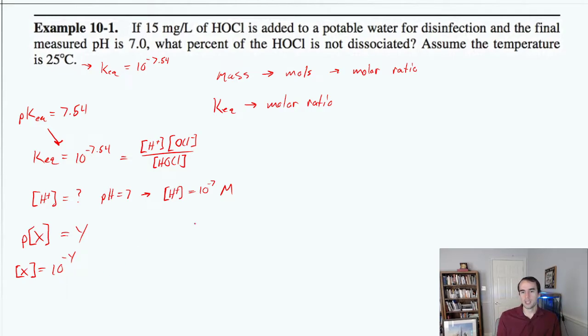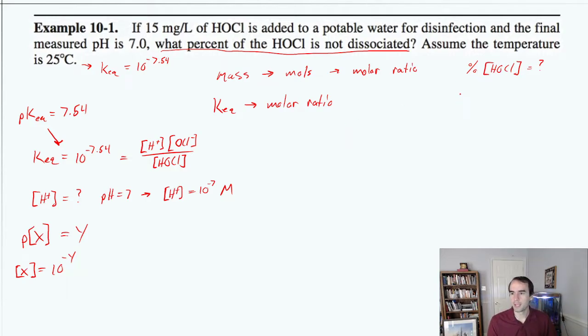Anyhow, since we know that our H plus is 10 to the minus 7, then we can actually get a percent. What we're looking for is the percent of the HOCl not dissociated, so what that really means is the percent of HOCl in the system. In order to get that, we do need that molar ratio.